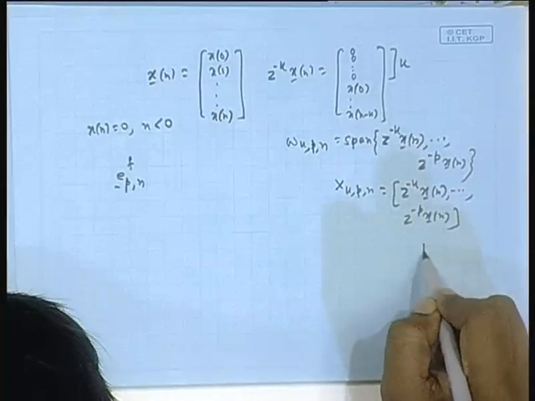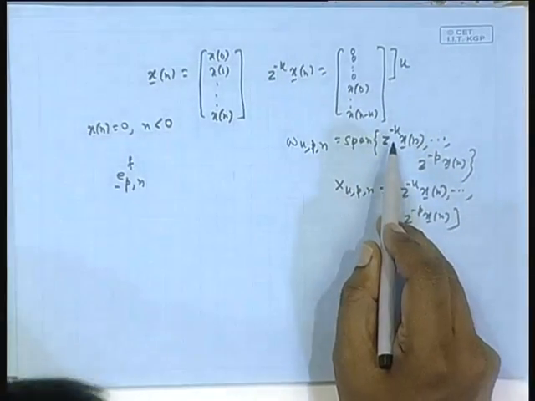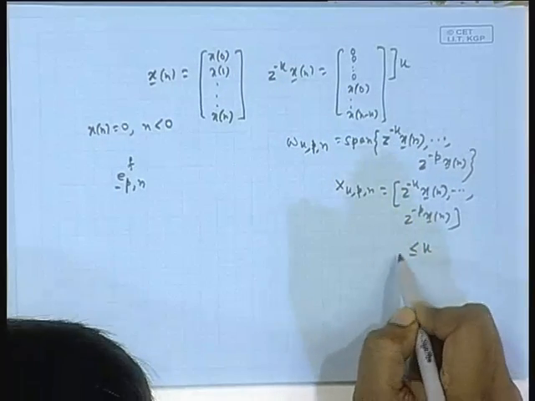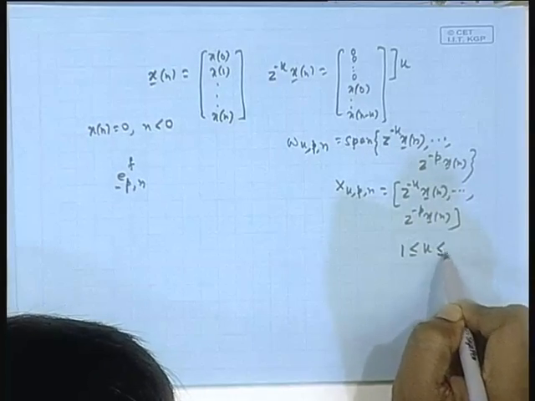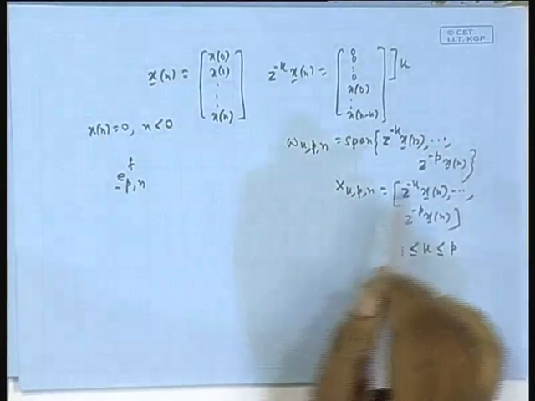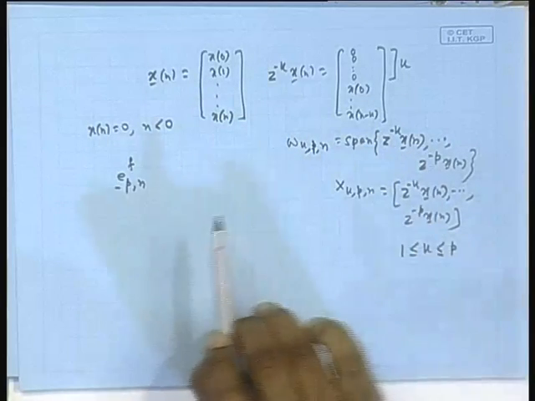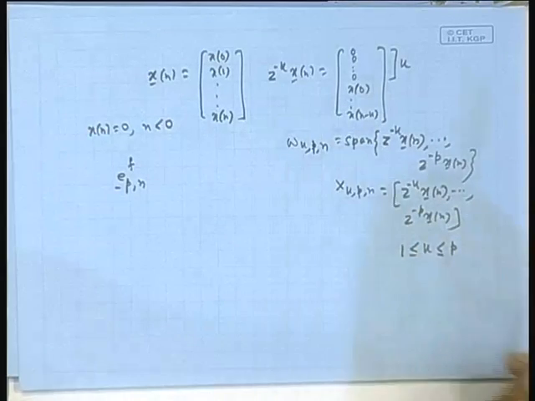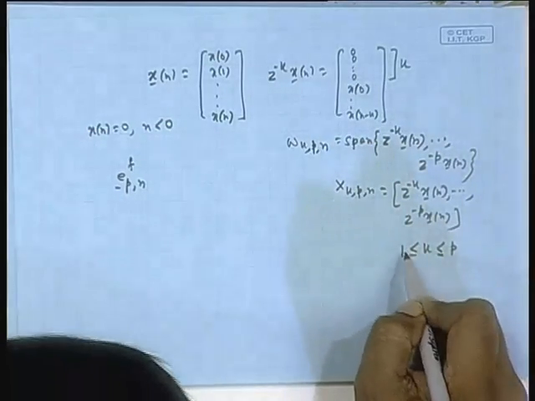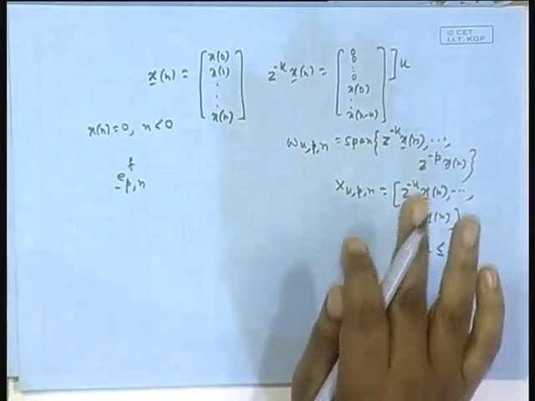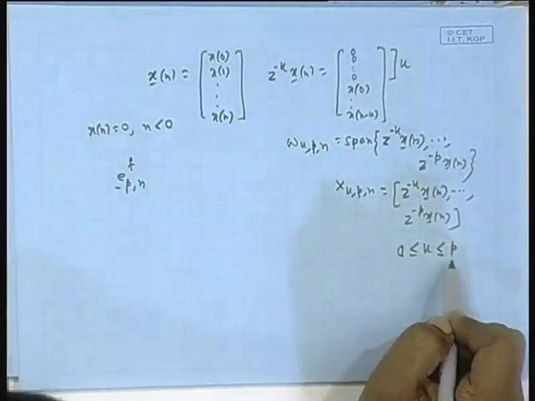And obviously, here we are taking k, minimum k is 1, so this is at least one column. So, z to the power minus k to z to the power minus p, k can be minimum 1. In fact, we can make k equal to 0 also, because that case also will arise. K minimum is 0, up to p.